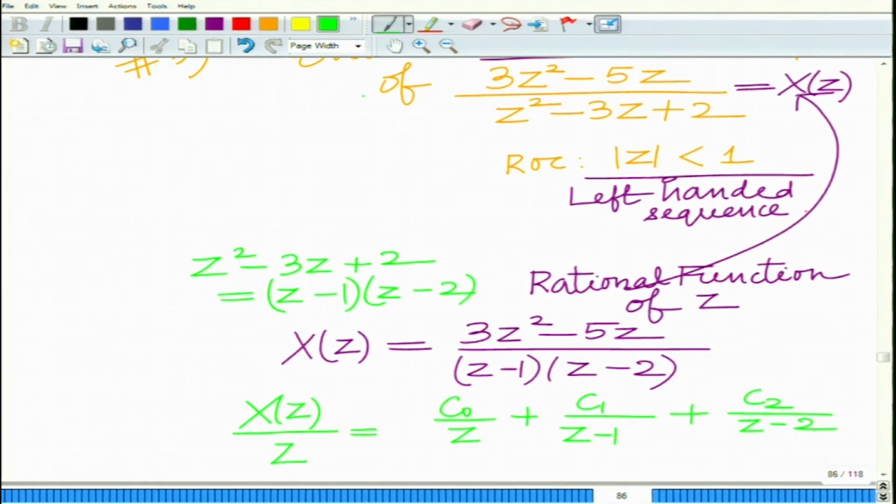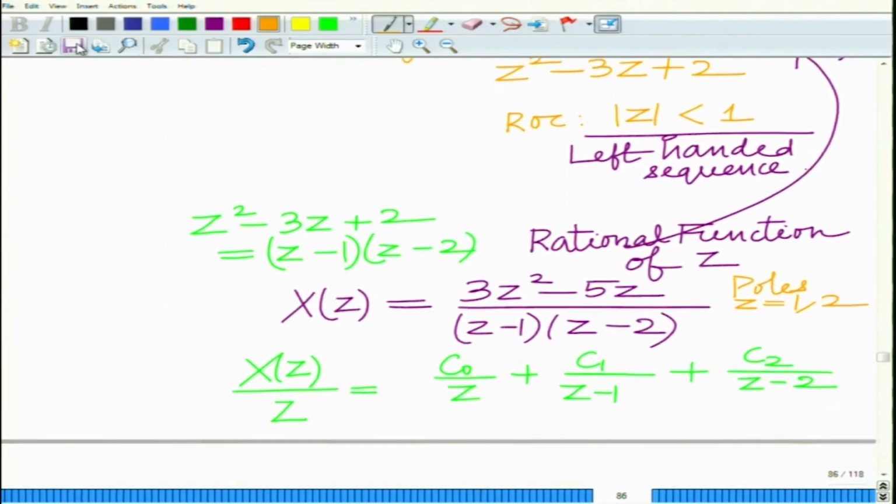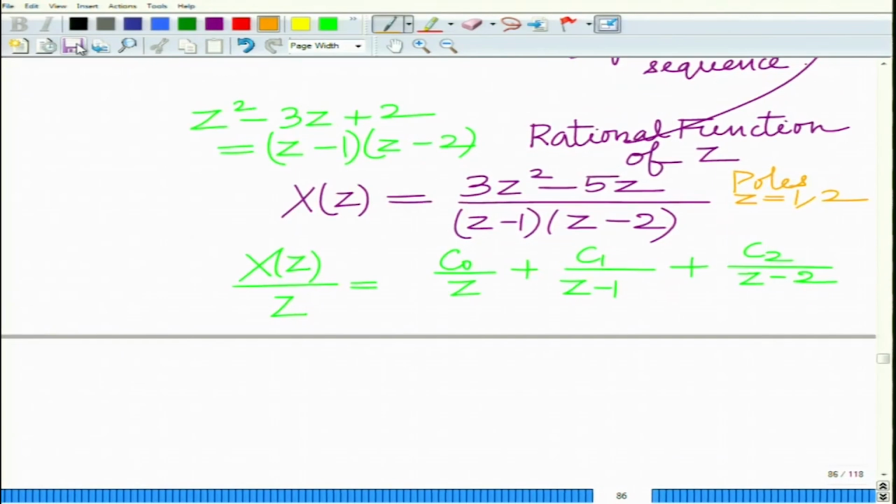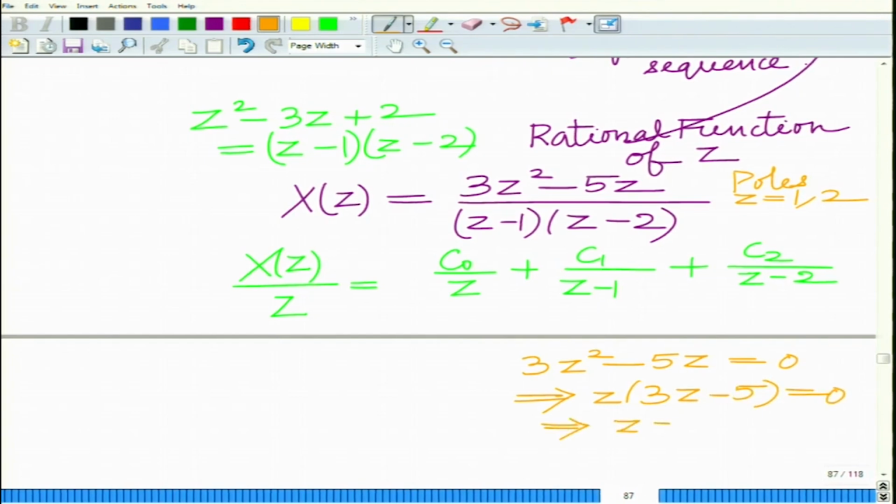So, the poles of this are z equal to 1 and z equal to 2. So, poles are at z equal to 1, 2. This is a rational function, and obviously there are zeros, the zeros will be at 3z² minus 5z equal to 0, which implies z into (3z minus 5) equal to 0, which implies either z equal to 0 or z equal to 5 by 3.